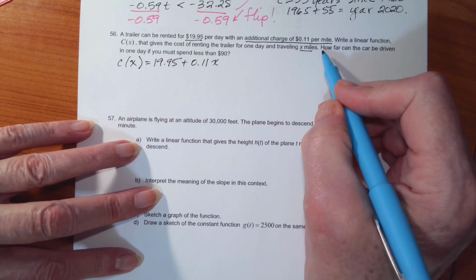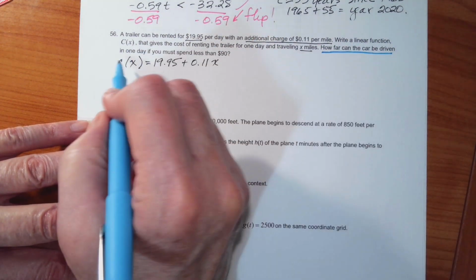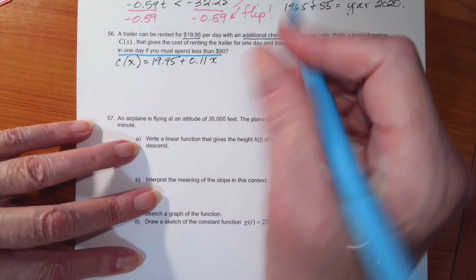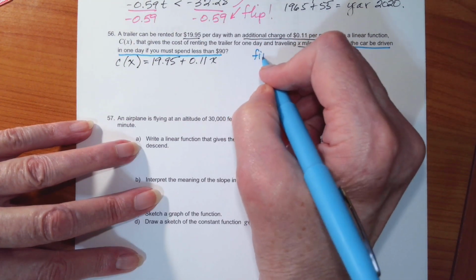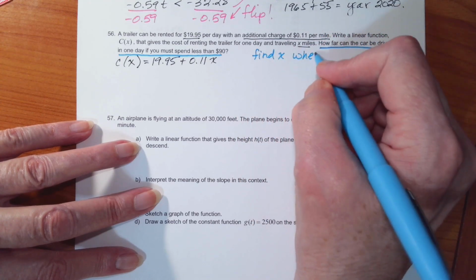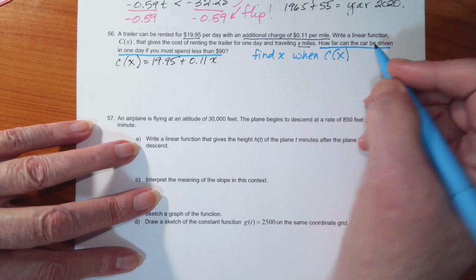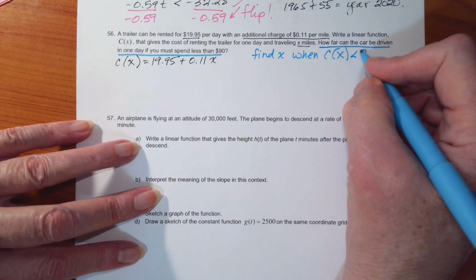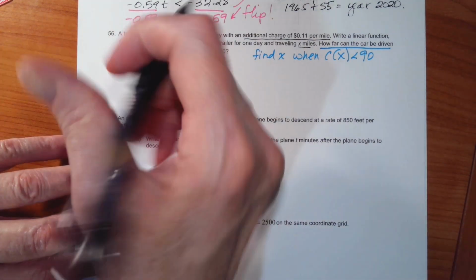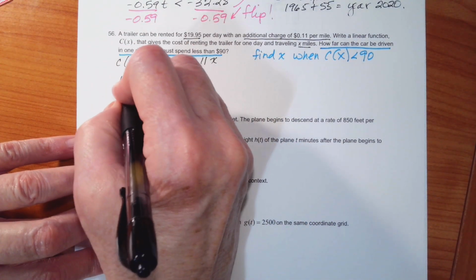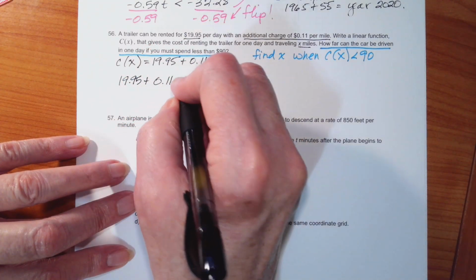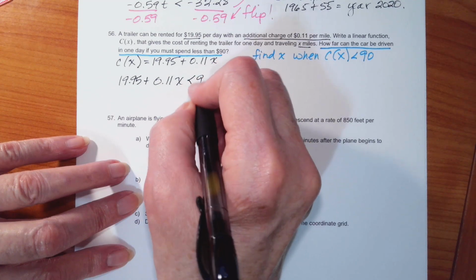Okay, how far can the car be driven in one day if you must spend less than $90? That means find x when c of x is less than 90. So that means I want to know when 19.95 plus 0.11x is less than 90.